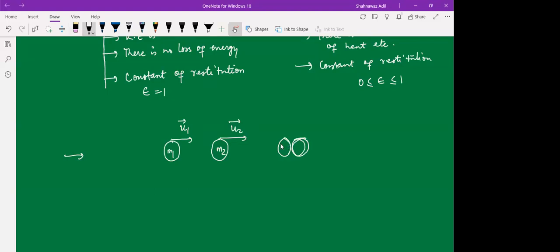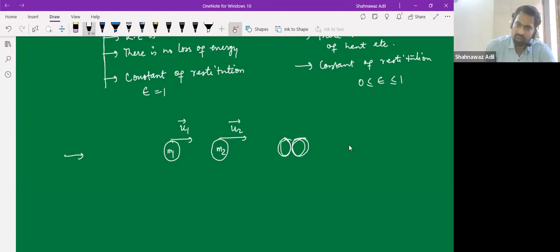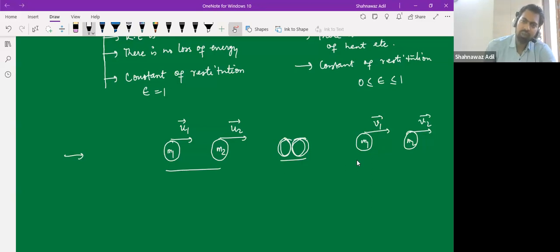This is the initial stage, then they collide, and then they move with a different velocity. Now this is moving with v1 velocity, and this is moving with v2 velocity.